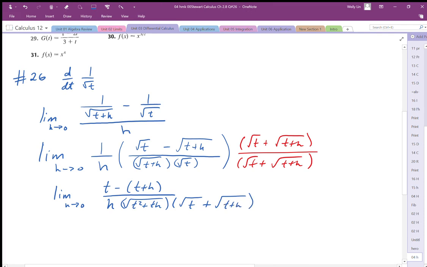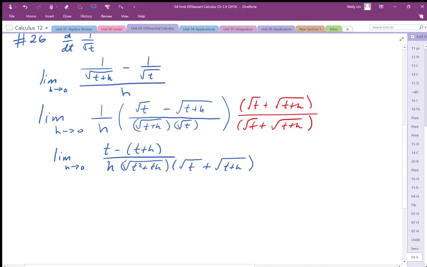Okay, so we can see that the t's are going to cancel. I'm left with negative h. So I'm going to write that in. So limit as h approaches 0. This becomes negative h in the numerator. I have an h in the denominator. And this becomes t squared plus th. And then all in this denominator here, I get root t plus square root t plus h.